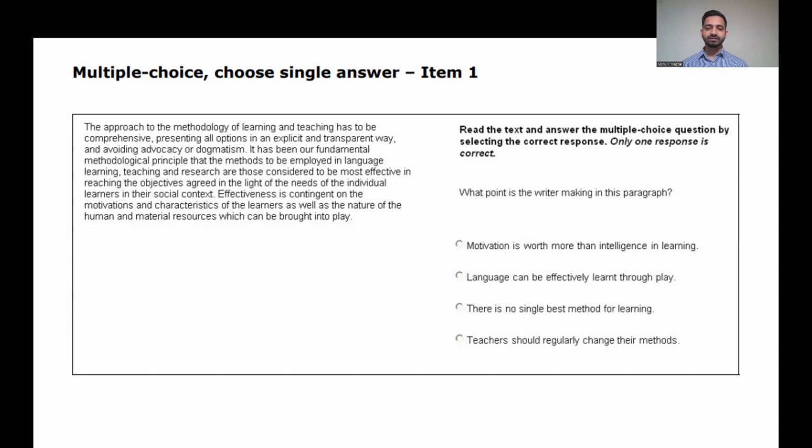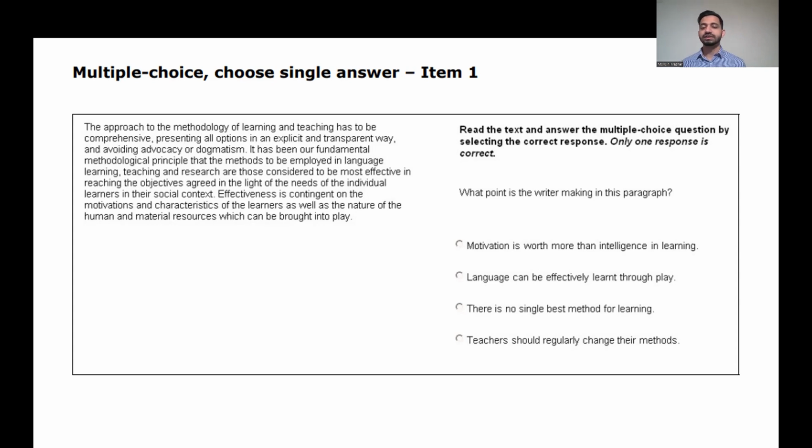So if I were to analyze all of these options without even reading the paragraph, the first one says motivation is worth more than intelligence in learning. So it's saying motivation is more important than intelligence in learning. Okay, we'll find out if that's true.